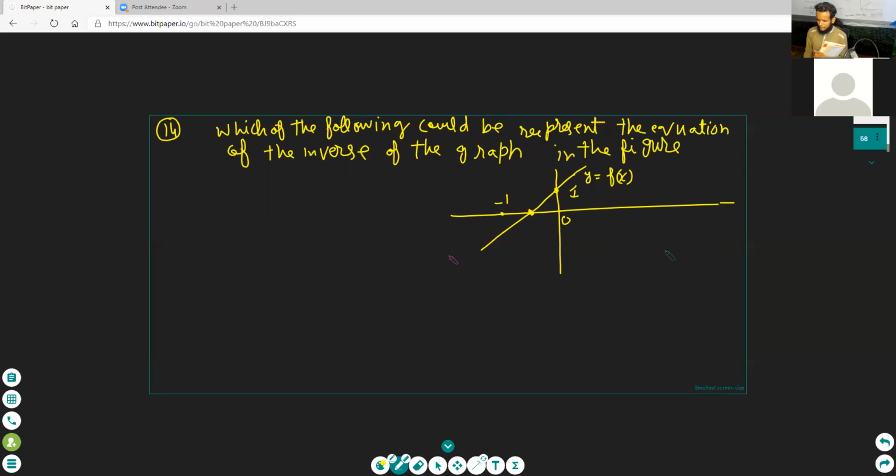Half. And what will be the x-intercept? Can you write the x-intercept here? Wait, I don't understand. This is midpoint of 0 and -1. What is the midpoint? Midpoint will be -0.5 or 1 by 2. Okay, clear? You use this point.